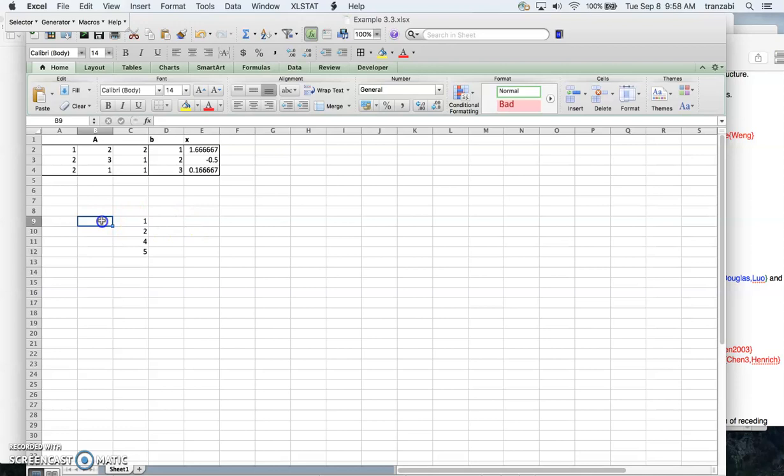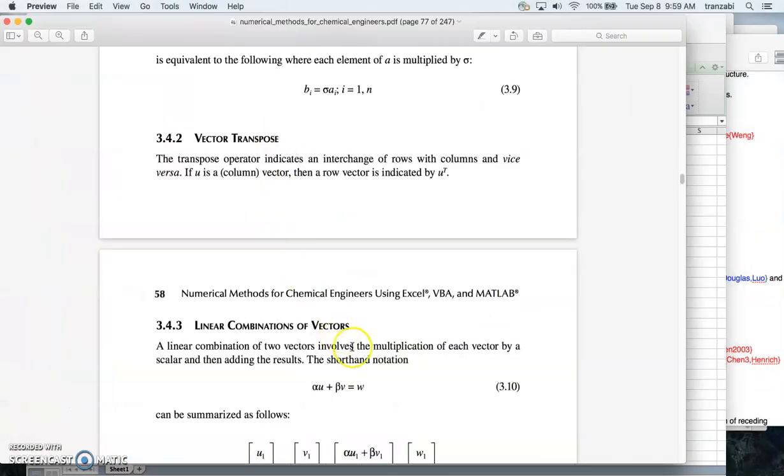So if this is U, then U transpose will be equal to, you read the column and write it as a row. Like this is 1, 2, 4, 5 in column fashion, I write it as 1, 2, 4, and 5. So I read this as a column, write it as a row. Okay, so this is the transpose of the original vector. That's what it means by transpose.